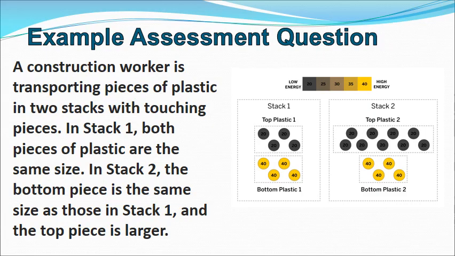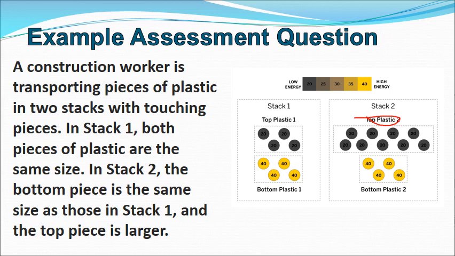Okay, so we're going to quickly go through an example assessment question. So we have a graphic here where we have two things of plastic, as stack 1 and stack 2. We can see the difference in stack 2, that the top plastic, look how much bigger that is. There's more molecules in that. Now the molecules are moving the same speed as in the top plastic 1, but there's just more molecules.